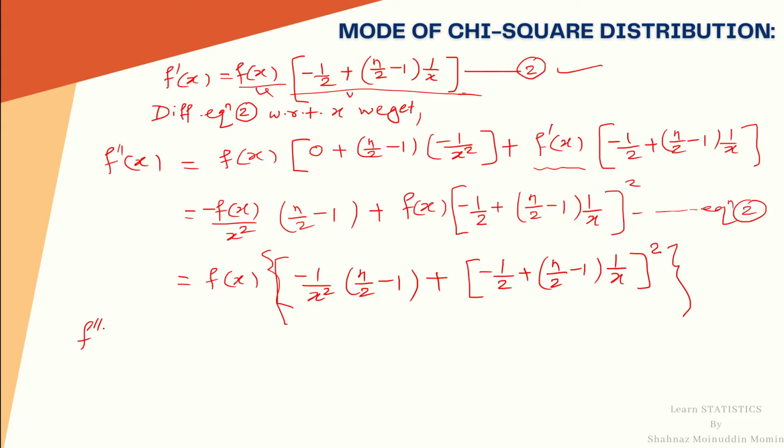Now we substitute the value of x that we obtained earlier, x equal to n minus 2.